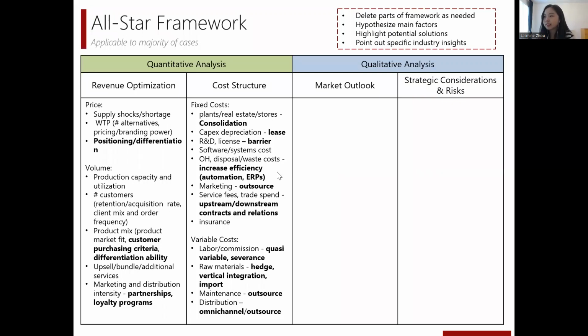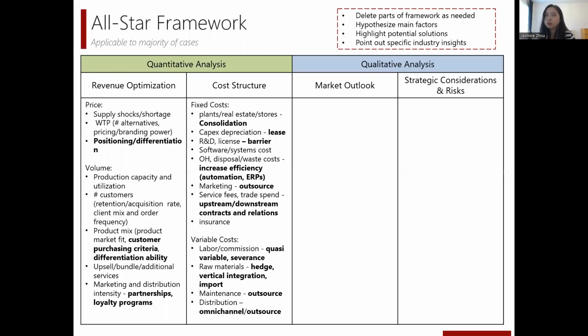So for example, a solution could be to increase efficiency using automation or ERPs. And then for marketing, could you maybe outsource those costs? There's also service fees, trade spend, that's relating to, for example, if you're a manufacturer and then you're trying to let retailers sell your products, and there will be service fees and trade spend fees.